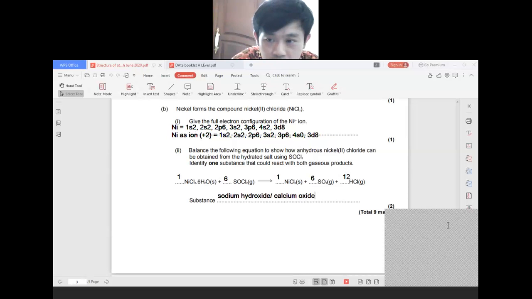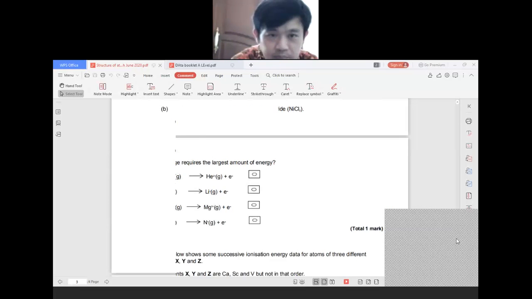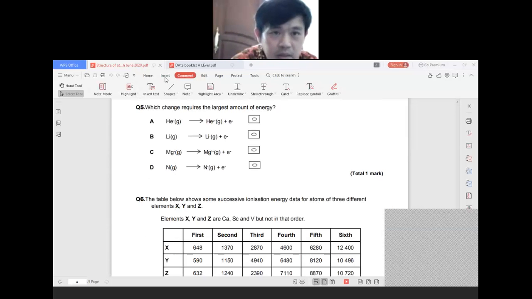Okay, and then next, on the last page, which change requires the largest amount of energy? Lithium, group 1, has 1 electron in the outermost shell.